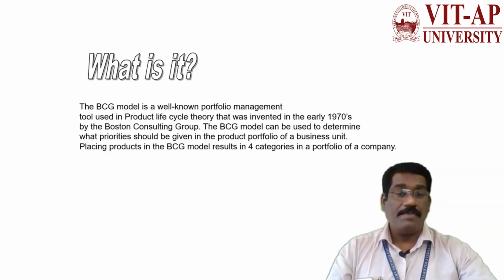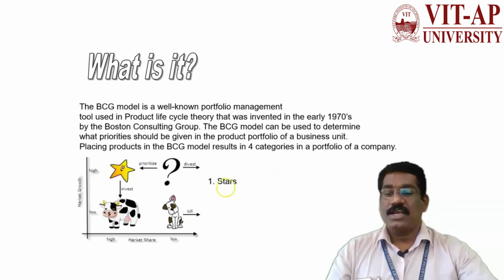The BCG model can be used to determine what priorities should be given in the product portfolio of a business unit. Placing products in the BCG model results in four categories in the portfolio of a company, which I was discussing earlier about the four quadrants: cash cow, dog, star, and also question mark.